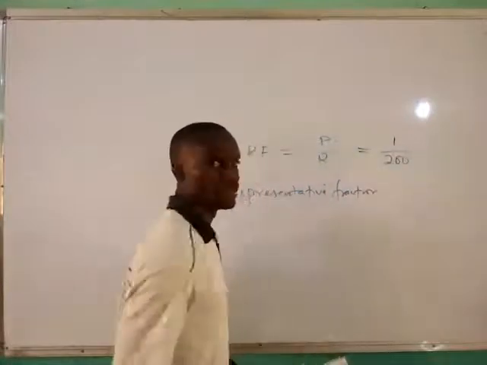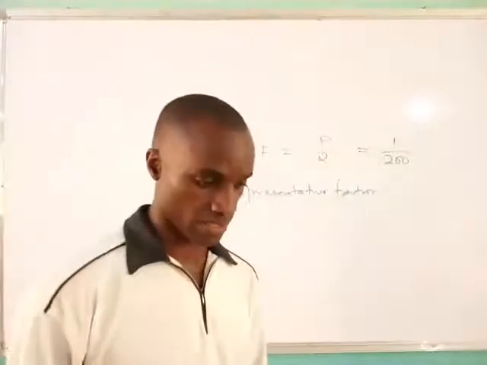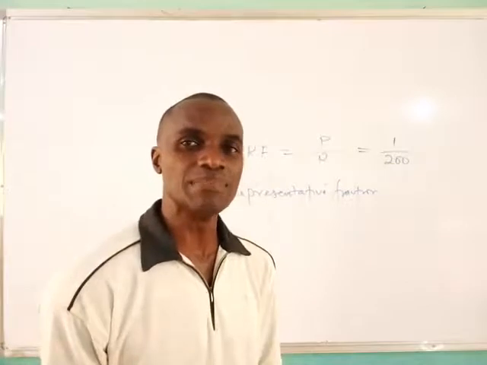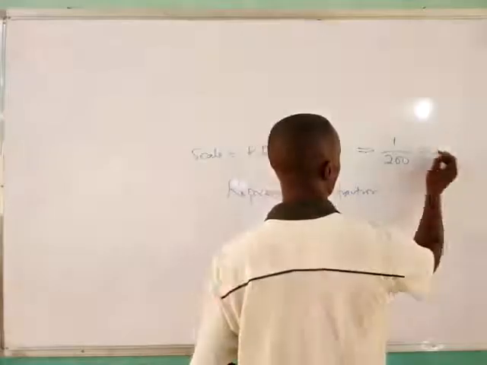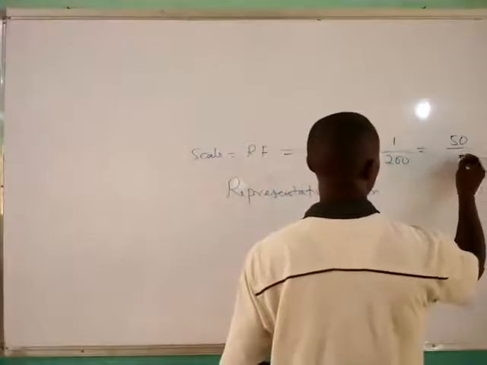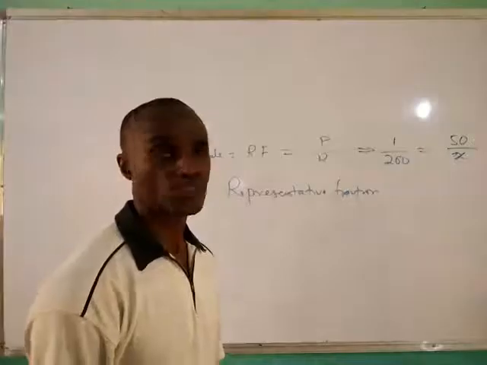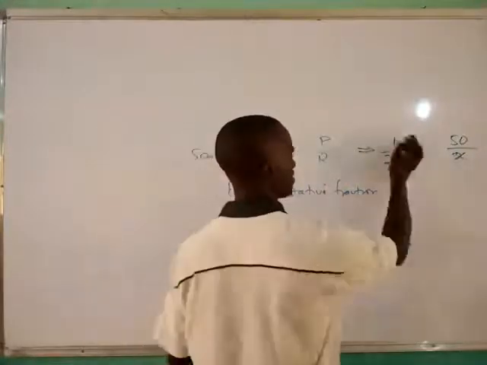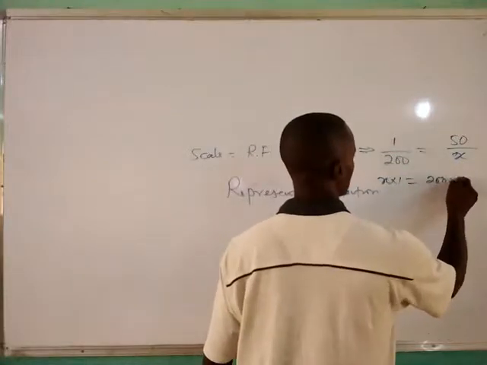The scale is 1/200. So what will 50 millimeters on paper be in real life? Cross multiply. It becomes x times 1 is equal to 200 times 50.